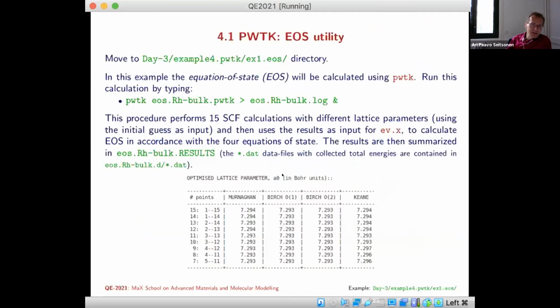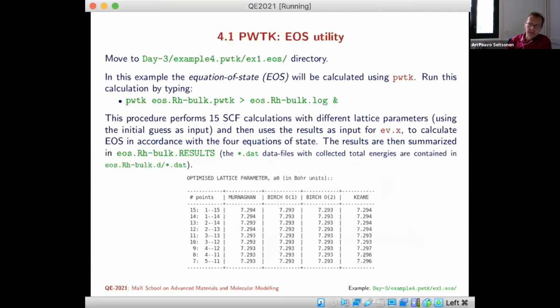So there's some explanation of PWTK, but then there will be an explanation of how you would run this calculation of the bulk lattice constant of rhodium in this case, because you saw the third example is the rhodium surface, rhodium 100.